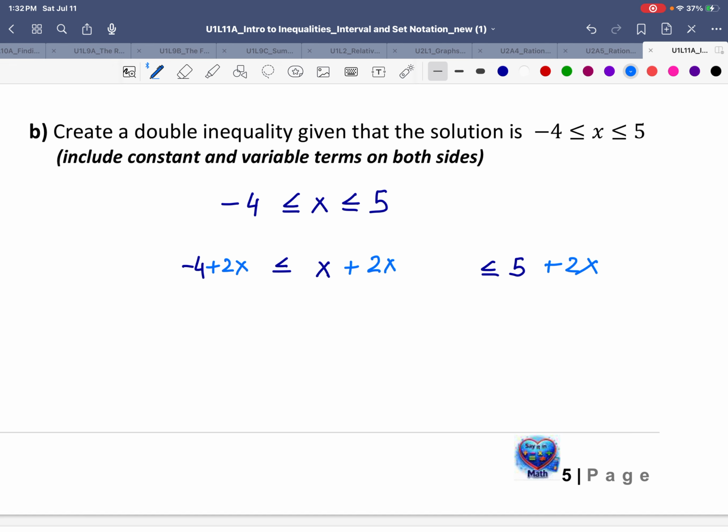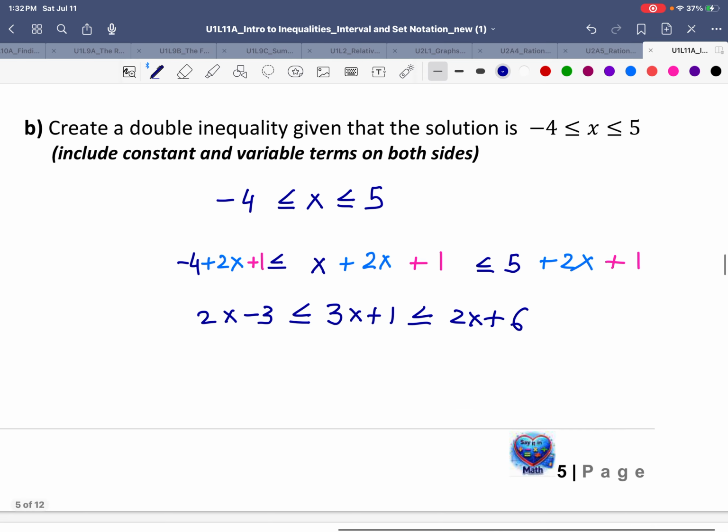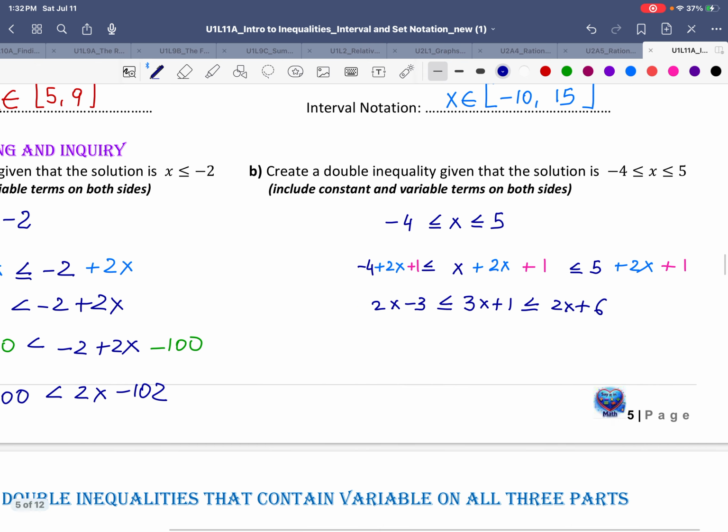And if I want to bring constants to all parts of it, then I'm going to bring a constant. Why not? The middle part didn't have a constant. And now our inequality looks like 3x plus 1 in the middle. And then we have 2x minus 3 on this side. And the other side has 2x plus 6. Not too difficult and a little bit of fun.